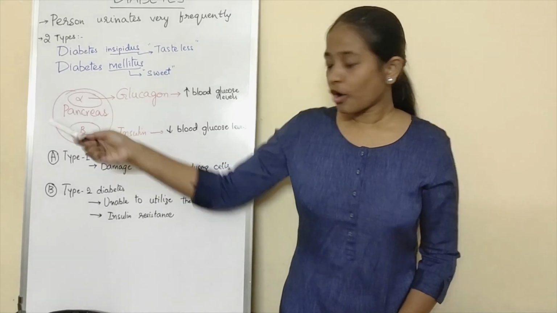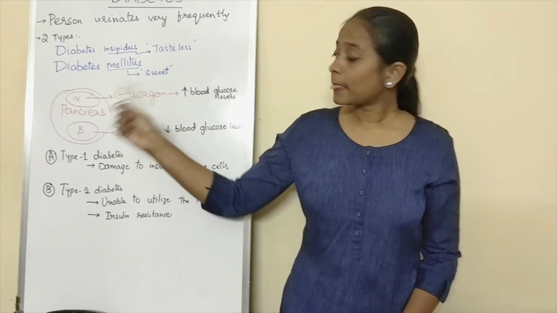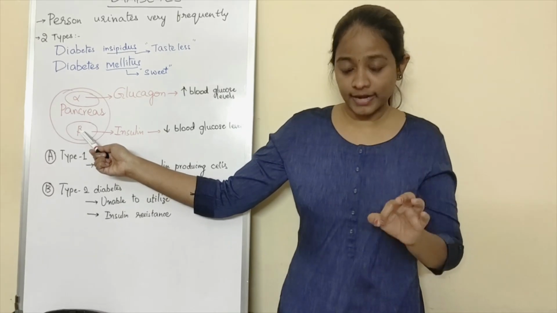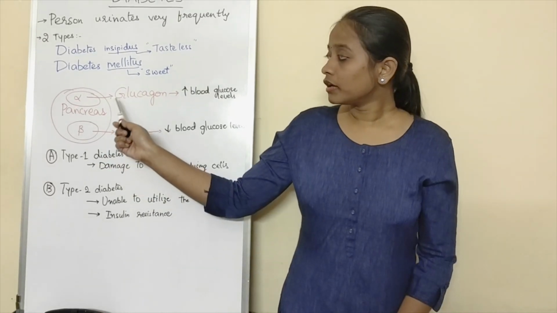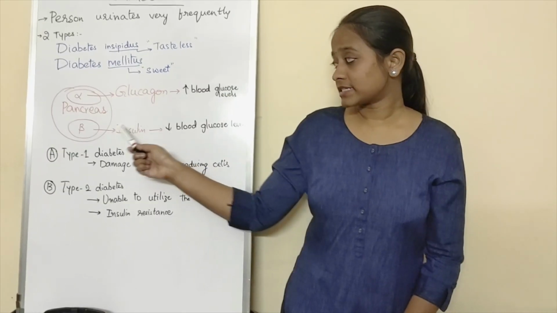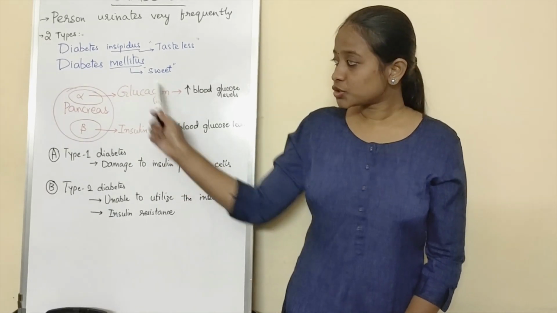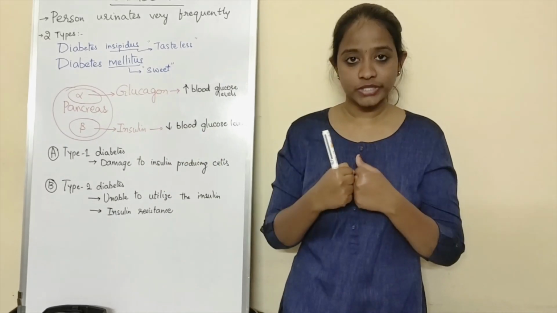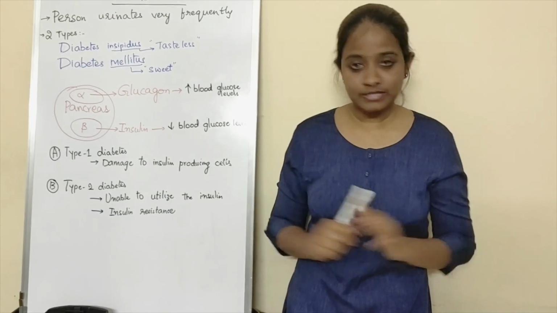Alpha cells of islets of Langerhans produce a hormone called glucagon. Beta cells of islets of Langerhans produce a hormone called insulin. Glucagon helps in increasing the blood glucose levels, whereas insulin helps in decreasing the blood glucose levels. These two hormones work in opposite fashion, thus helping maintain the blood glucose levels.